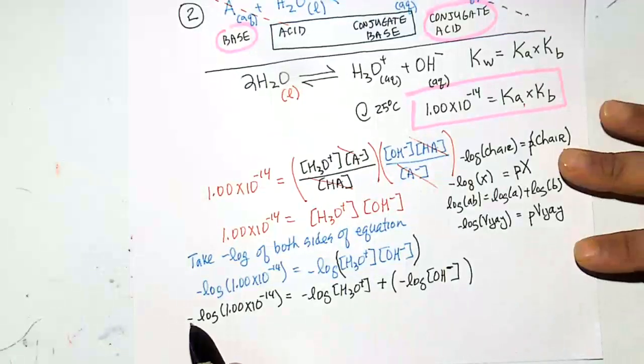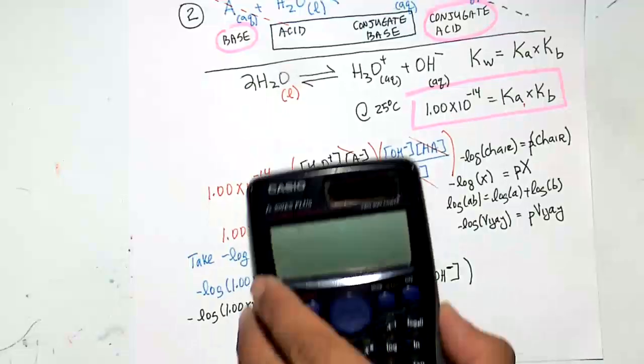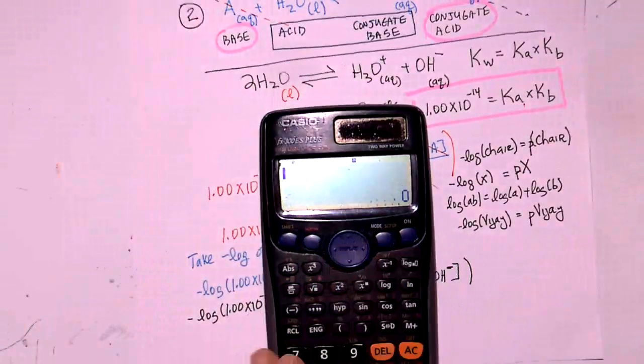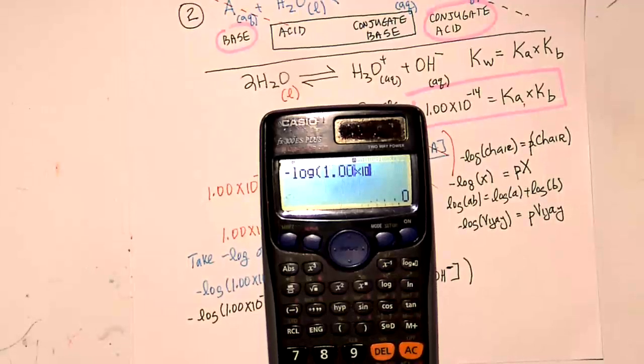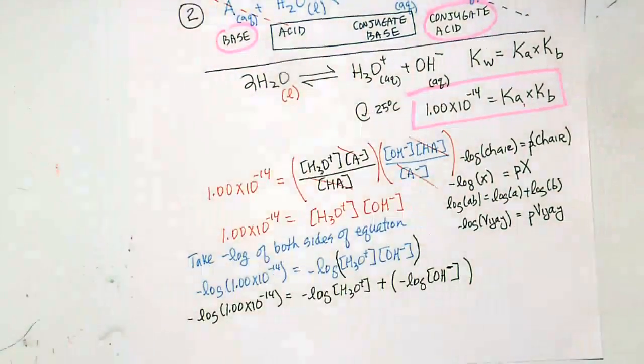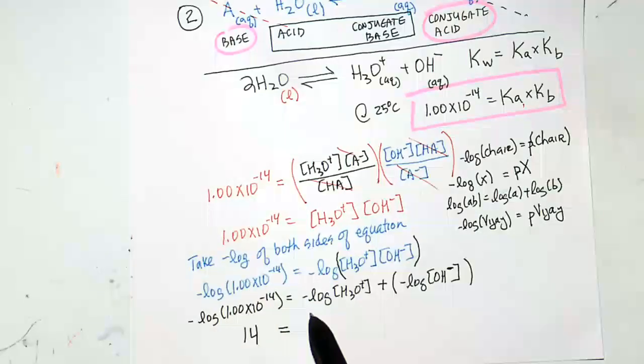So minus log 1.00 times 10 to the minus 14, I'll just do that on my calculator. What do you get when you do minus log of 1.00 times 10 to the minus 14? You'll get 14 equals minus log of H plus.